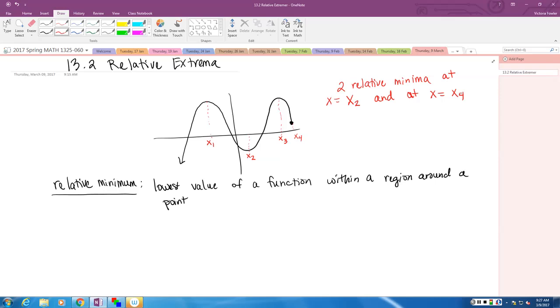Okay, so if I want to say what the minimum would be, so I'm going to put where the minimum values are, or the minimum values of the function, right? Are described as, how do we write that?